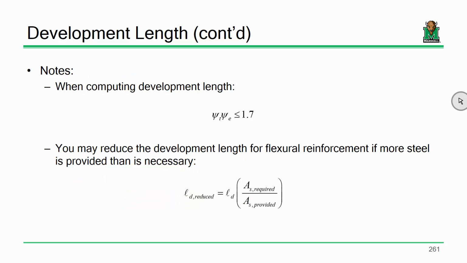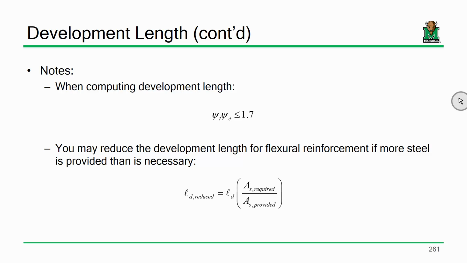All right, couple notes. That product that you see above, regardless of what you look up or what you calculate, it's got to be taken less than or equal to 1.7. So if you get a value larger than that, just cap it down. Also, if you recall, remember how you can reduce a development length based on the difference between the area of steel you actually need for design and how much you actually provide.